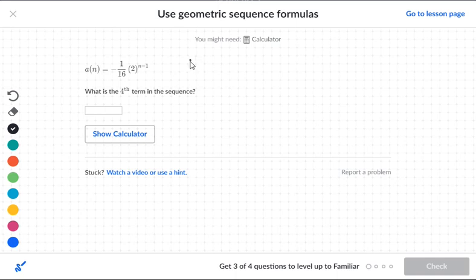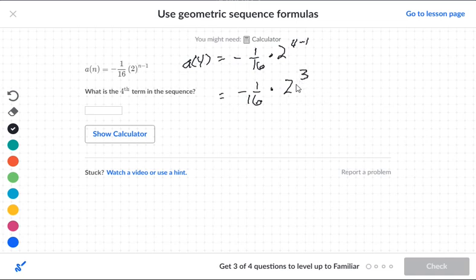So we can go a of 4. So a of 4 is equal to negative 1/16 times 2, and then the n is going to become 4 minus 1 as the exponent. So we're going to say negative 1/16 times 2 to the 4 minus 1, which is 3.